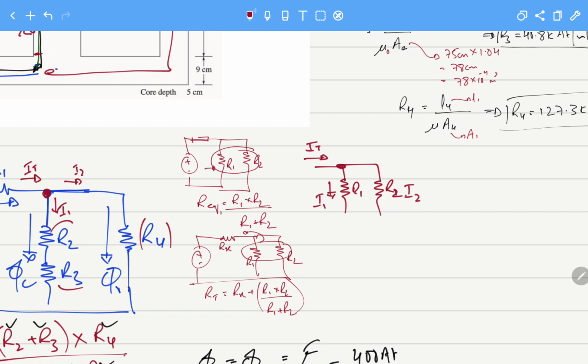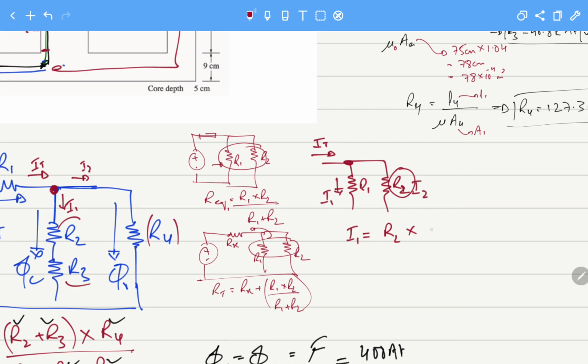So the current divider rule states that the current in any branch, for example, if I want to calculate current I1, it is equal to the resistance in the second branch, R2, into total current IT divided by the total impedance R1 plus R2. This is known as the current divider rule.